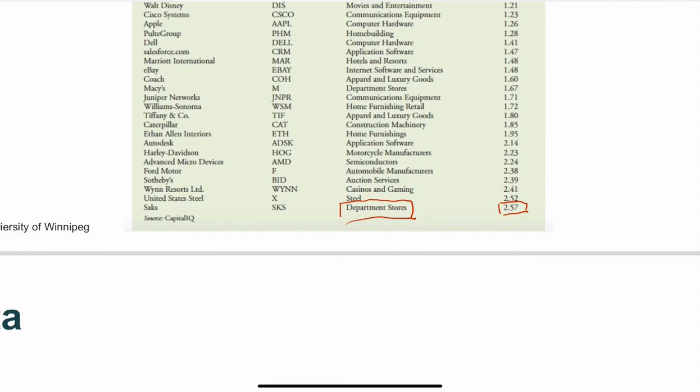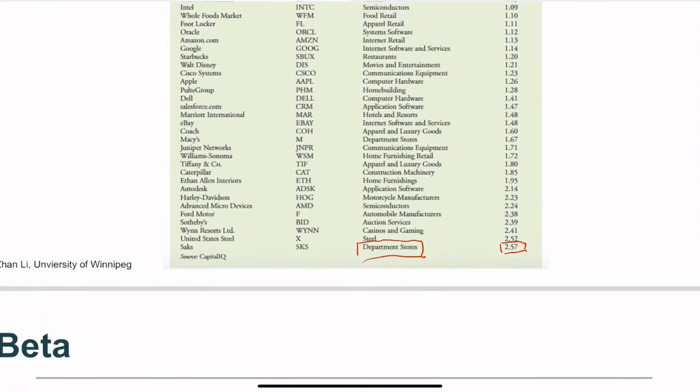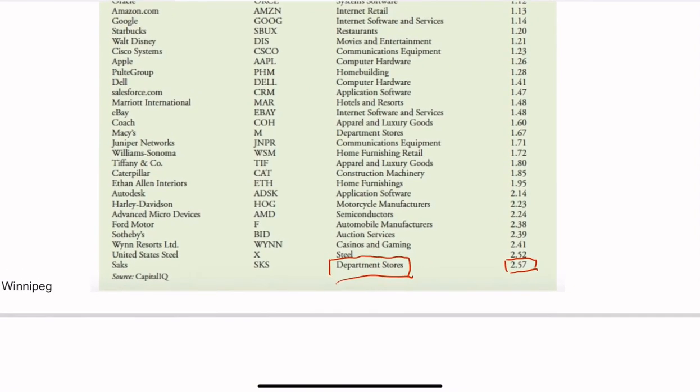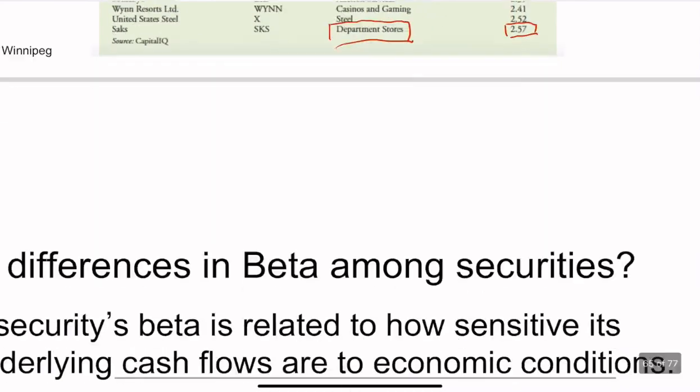But if the economy is bad, they would just scale back their consumption. They would maybe not shop at Saks Fifth Avenue. So Saks Fifth Avenue's cash flows are very sensitive to economic conditions. In this case, it will have a large beta.